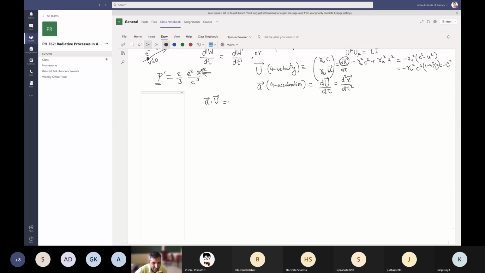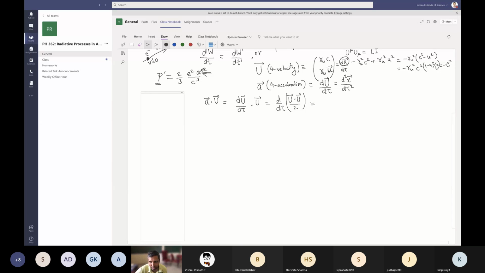What is this? This is nothing but du by d tau, that's the acceleration, dot u. What is that? That is nothing but d by d tau of u dot u, half of that. I'm just expanding it by a dot b, this is clear, right? How do you go from this to this?